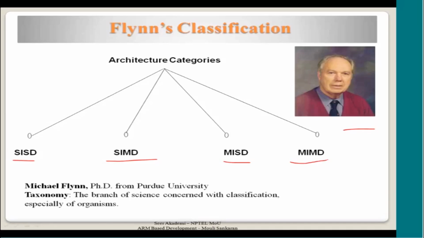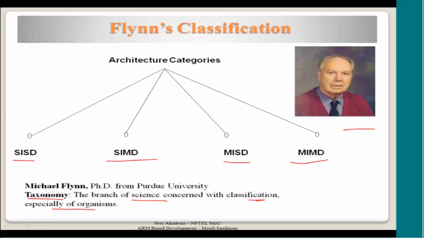This is called taxonomy, a branch of science concerned with classification, especially of organisms, but here we are using it for processor architecture. These are the 4 broad categories. Any processor in the world will fall under one of them.